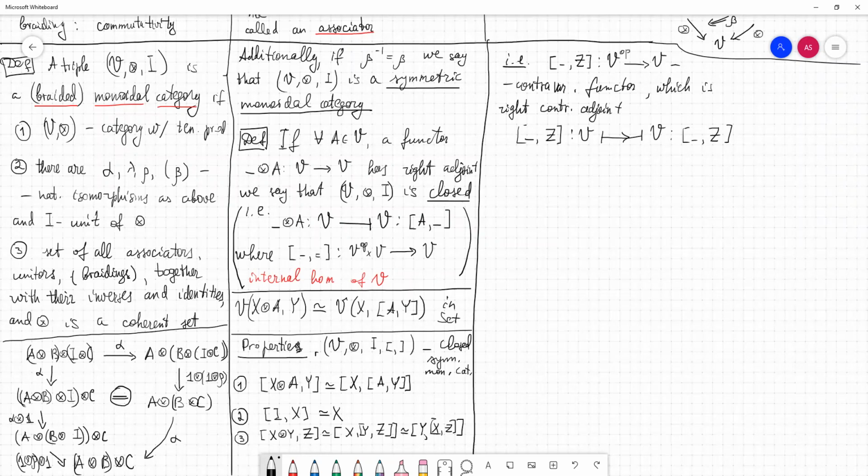If we fix the covariant component and contravariant varies, then it's self-adjoint. There are many more properties, which are pretty much arithmetical ones, but I don't have much time to go into them. I would say that's enough for monoidal categories.